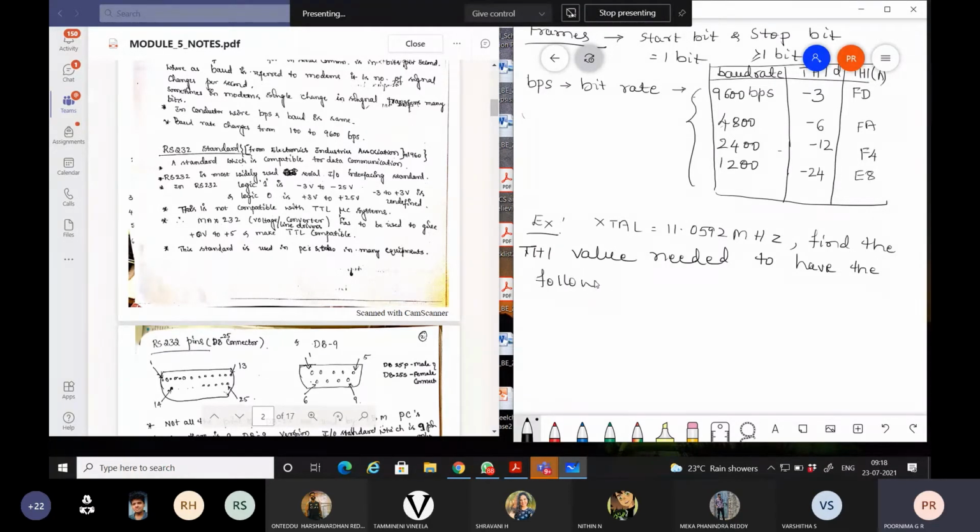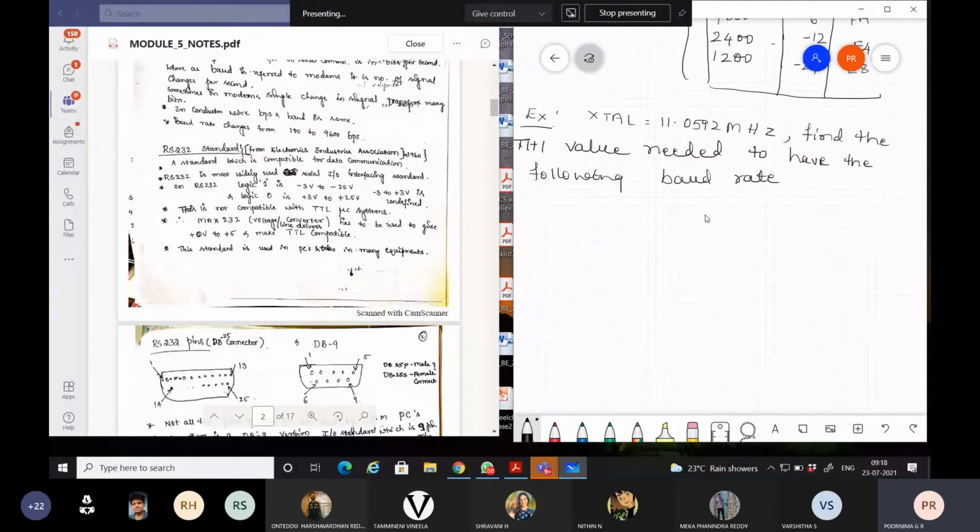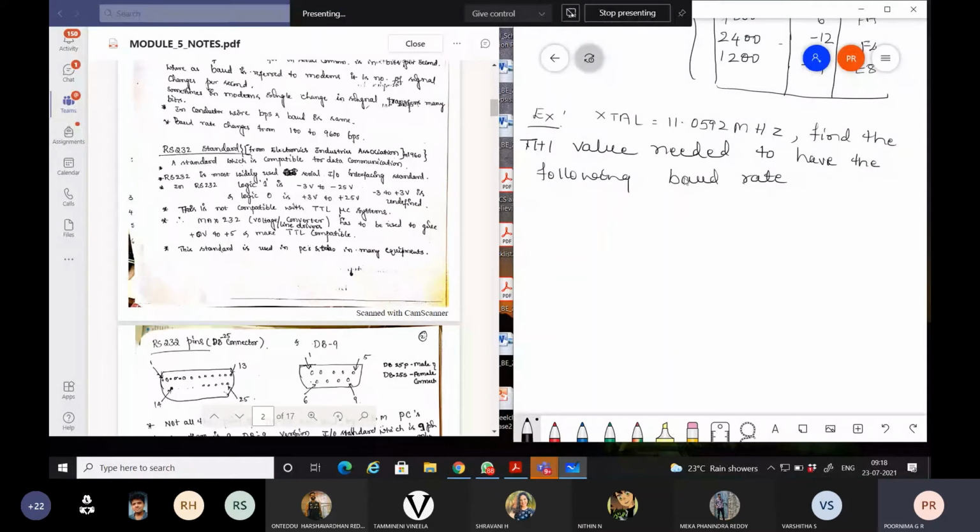The baud rates we need to have are the number of bits per second to be transmitted, and the clock, through the timer, has to support these serial communications. Hence, timers will be in use. Whenever we use timers, we first need to choose the baud rate, and then compute the TH value to be loaded onto the timer 1 register.